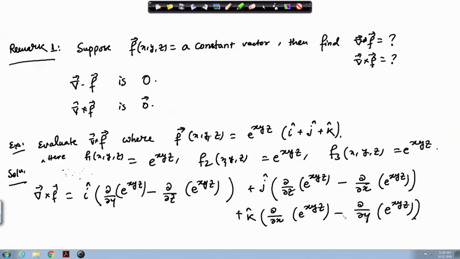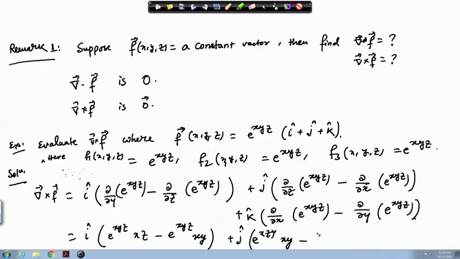Now when we differentiate e to the power xyz with respect to y, this will yield e to the power xyz times the derivative of the exponent, so times xz, minus e to the power xyz times xy, plus j times e to the power xyz, and then this will be xy minus del x.